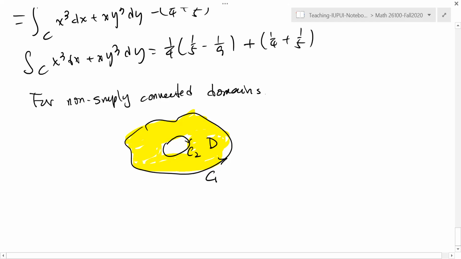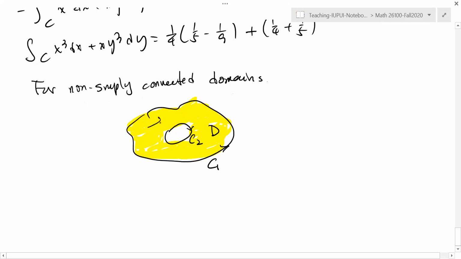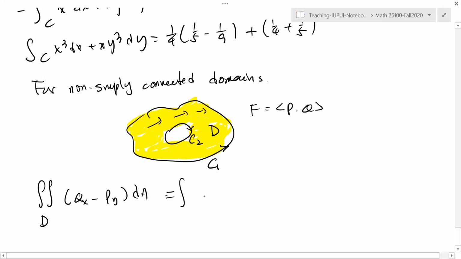Then you're given a vector field F, which is going to be P and Q here, right? Let's write the double integral another way. The double integral over D of Qx minus Py dA is going to be the line integral over C1 and C2 of P dx plus Q dy.